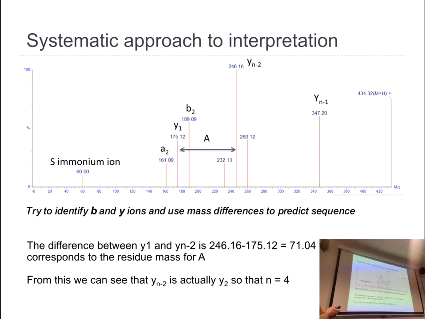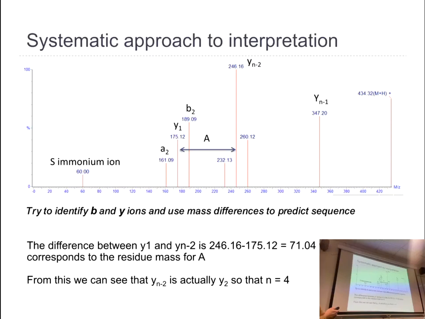Now, you've started walking this way on this ladder. Now let's go this way. Again, the mass difference between here and here is tiny. There's no residue. Between here and here you wouldn't go because this is a B ion. You need to find the next Y ion. The difference between this one and the Y1 ion is 71.04, which corresponds to an A. Now if this is Y1, which one's this?